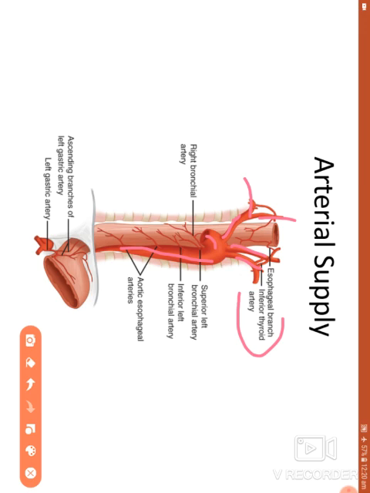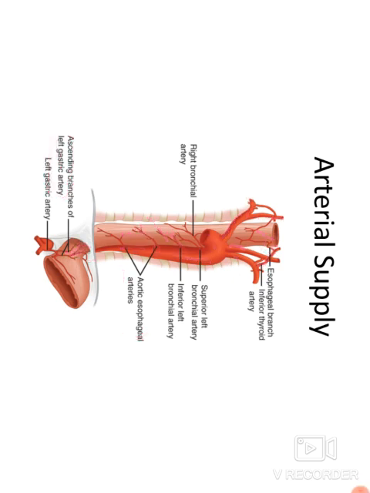Esophageal branches from the inferior thyroid artery supply the cervical part. The thoracic part gets its supply through aortic branches of the descending thoracic aorta. The abdominal part gets its supply mainly through esophageal branches of the left gastric artery. That is about the arterial supply.